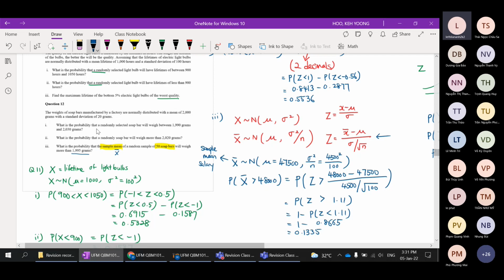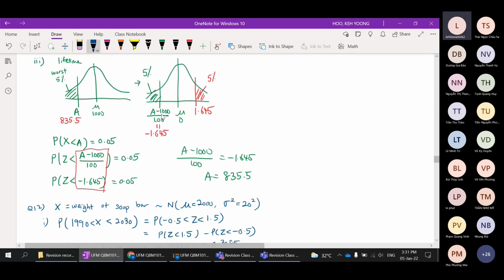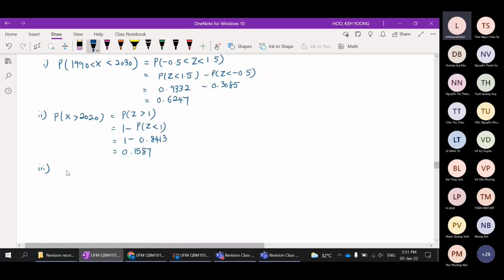So this is our sampling distributions question. We're going to find a sample mean weight for a group of 50 soap bars. So for these questions, the X bar, write down the distribution for the X bar.